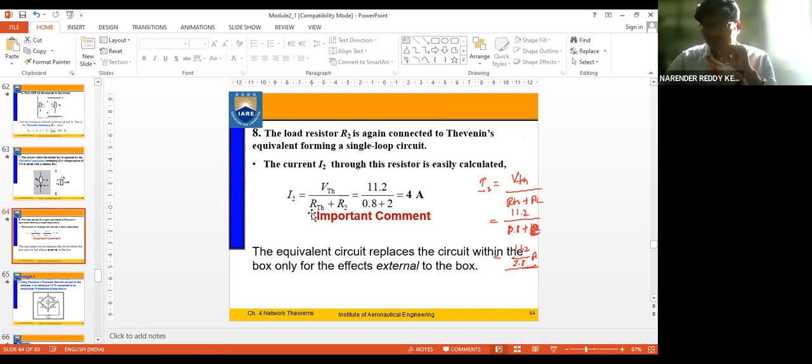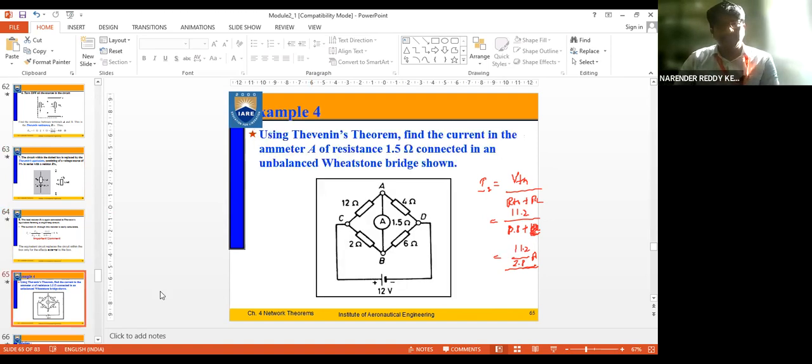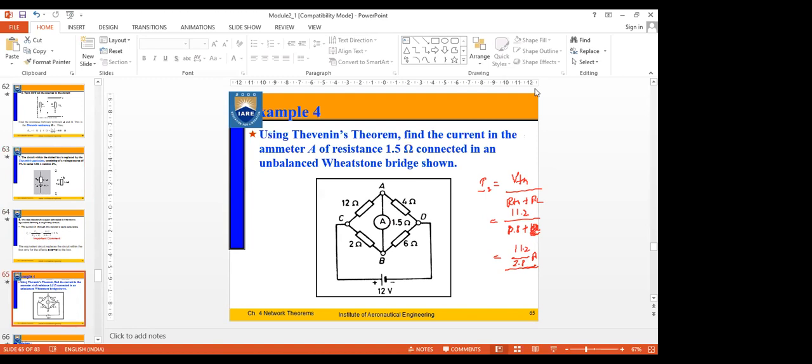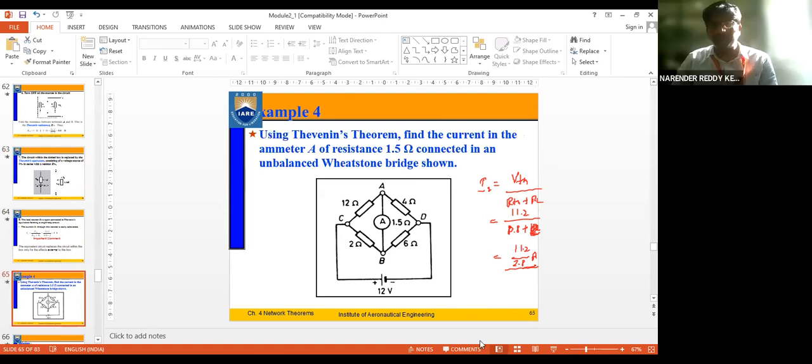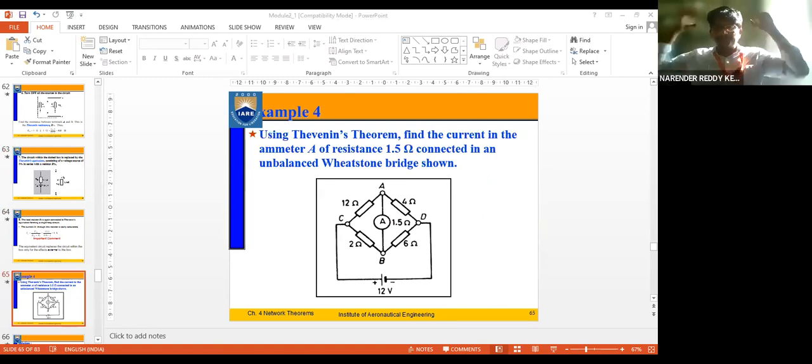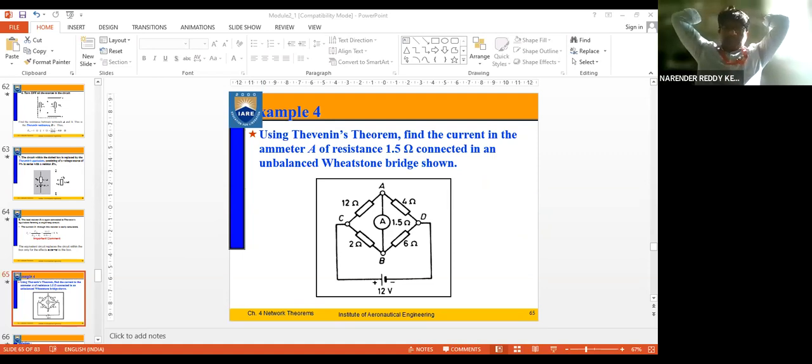Is it okay with Thevenin's theorem? If you are okay with this, just solve this circuit and post it in the group. You have 2 assignments, one with the dependent source. It's a bit confusing, but you try to solve this and then you will lose your confusion.